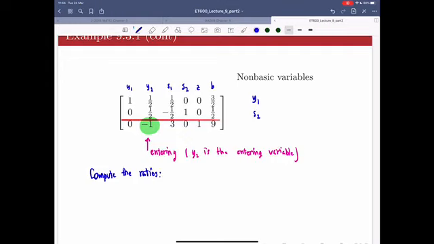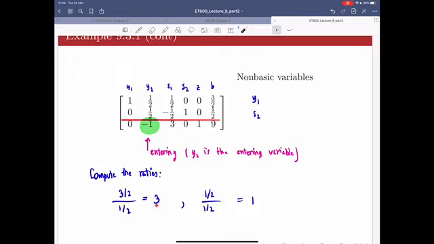The first ratio is 3/2 divided by 1/2, and that gives me 3. The next ratio is 1/2 divided by 1/2, just dividing the entry in b by the entry from the column of y2, the column of the entering variable. So the ratio turns out to be 1.